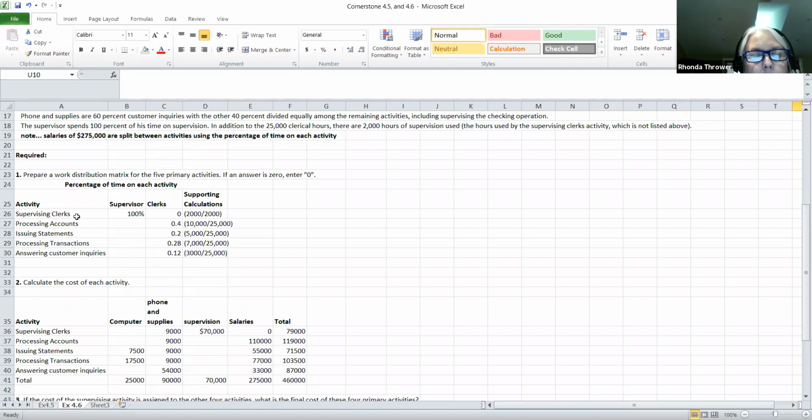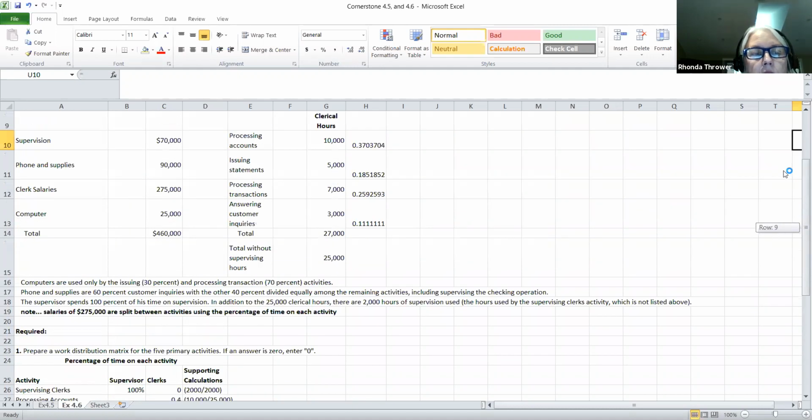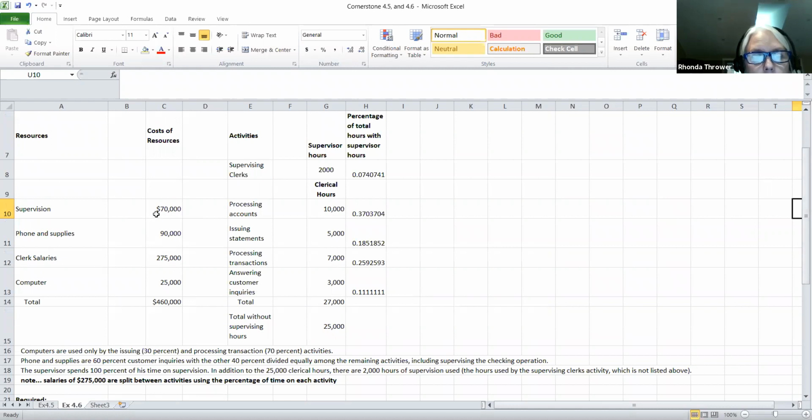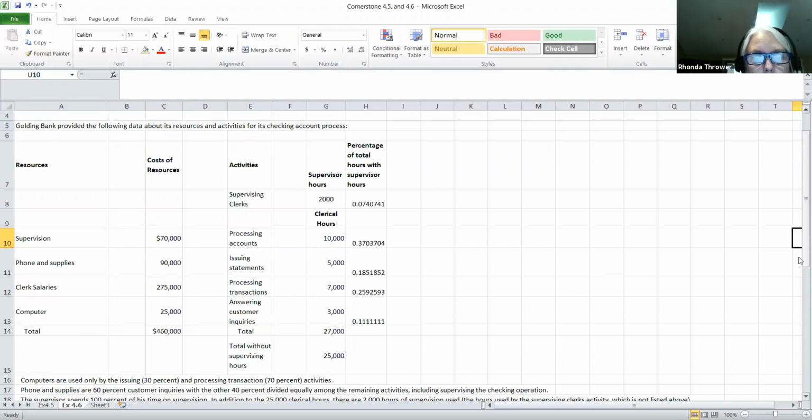So for the supervising activity, 100% of the supervisor's salaries were included in the splitting of the supervision amount here. In other words, most of this 70,000 is salary for the supervisor.